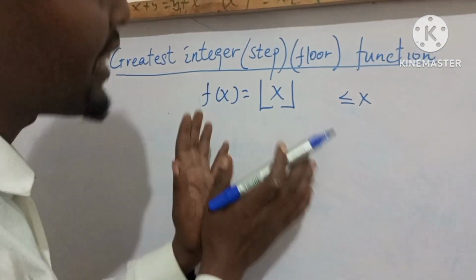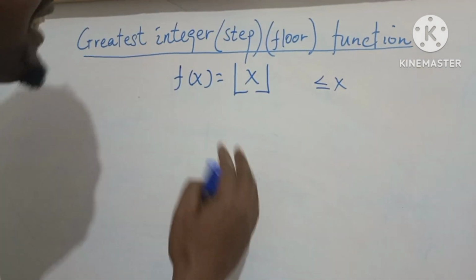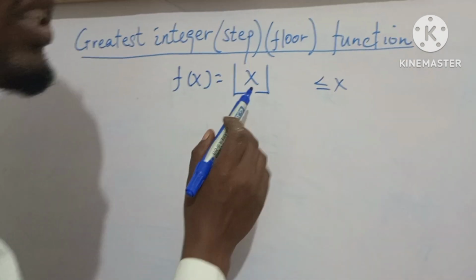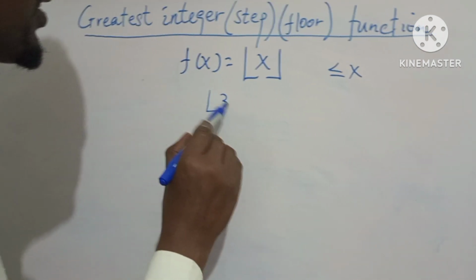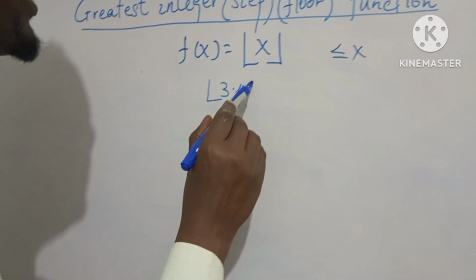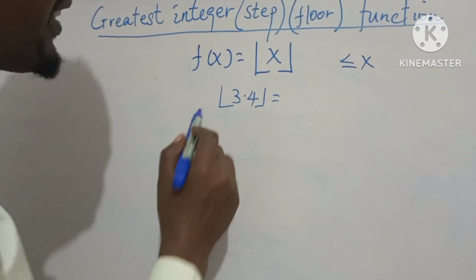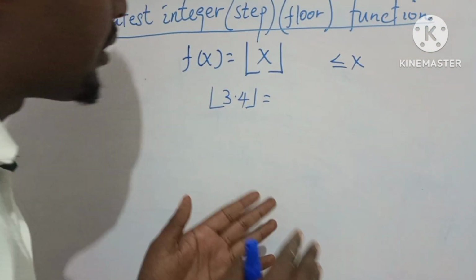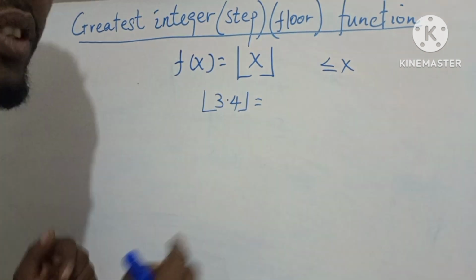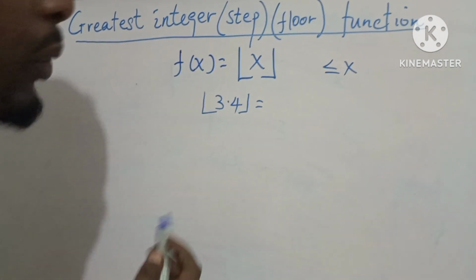If we take any real number x, we can find the value by taking an integer which is less than or equal to x. For example, if we take the greatest integer of 3.4, how can we evaluate this one? We list integers which are less than 3.4.